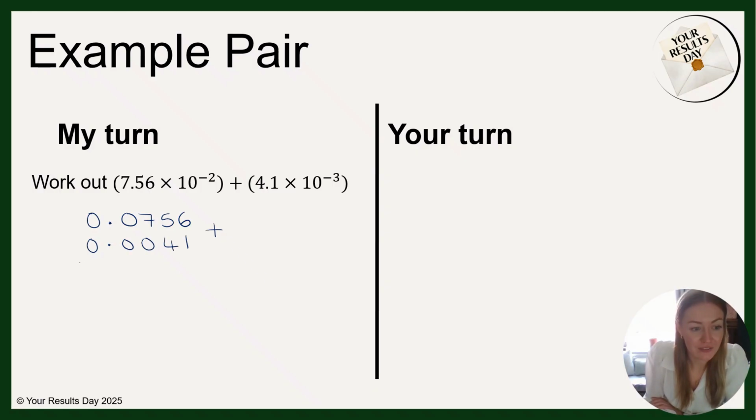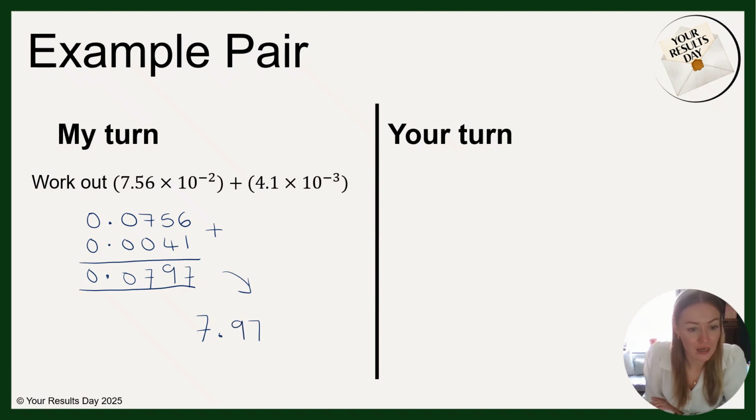And if you don't have the same number of decimal places, you can just add on as many placeholders as you need if you prefer to do it that way. And then we're just going to add. 6 add 1 is 7, 5 add 4 is 9, 7 add 0 is 7, and the rest are zeros, which if we convert this back to standard form, will get us 7.97 times 10 to the -2, because my answer has 2 zeros.